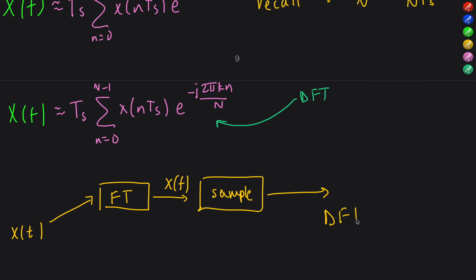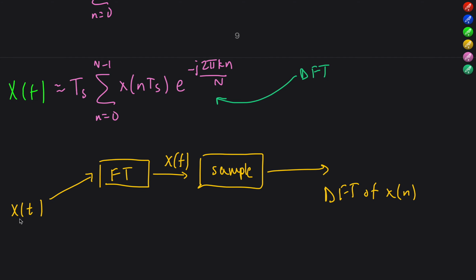I would get out the DFT of my original signal, the DFT of x of n, which is the discrete version of my original signal in time. My original signal in time is continuous, and I could get out the DFT of its discrete version by doing this.